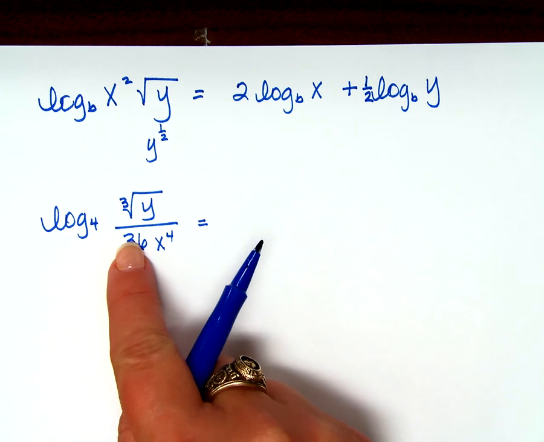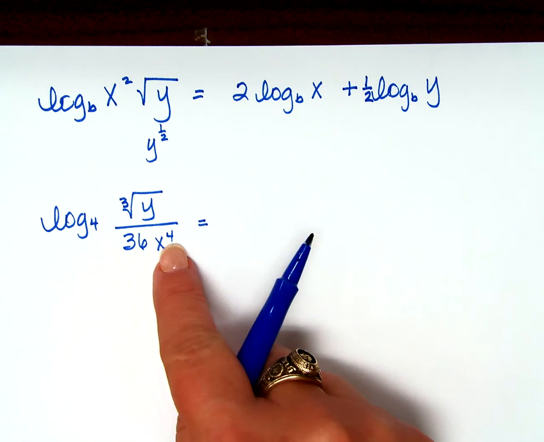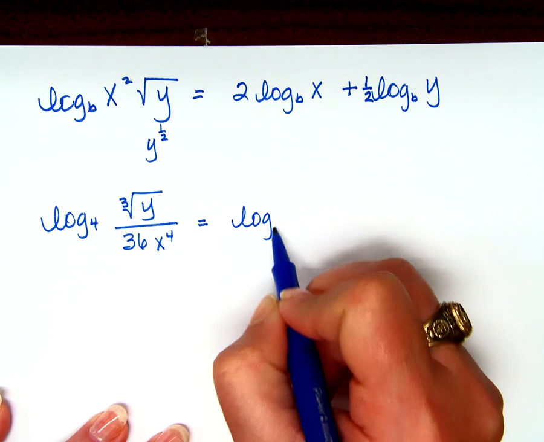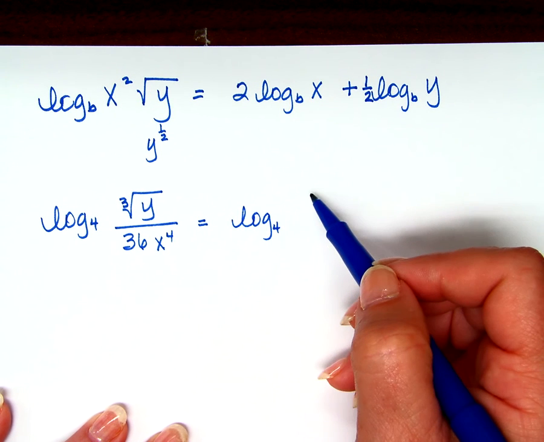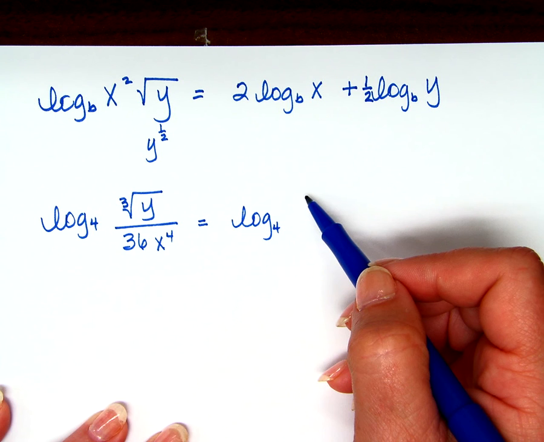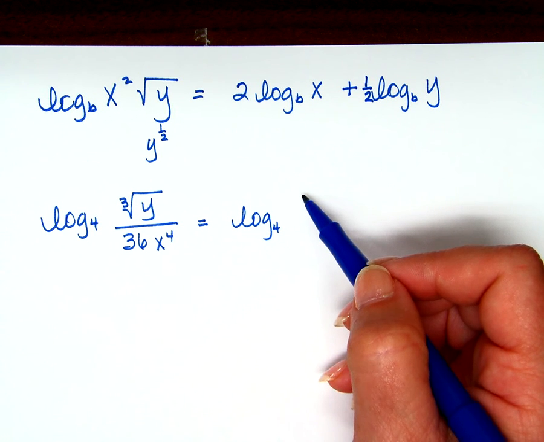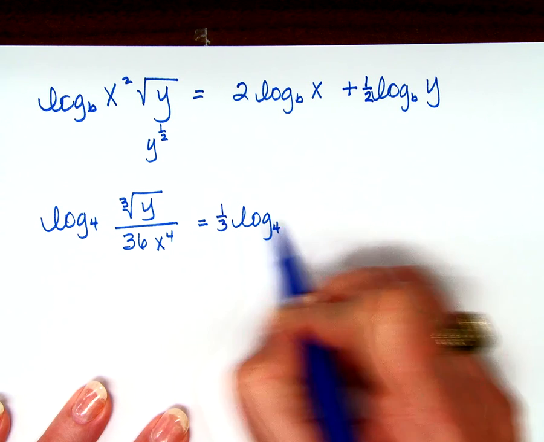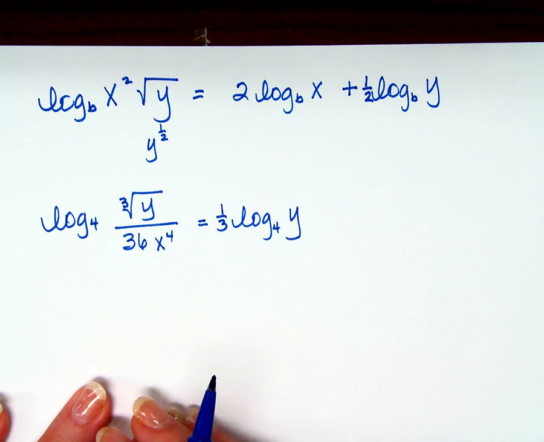Once, twice, 3 times. Right? Once for the y, once for the 36, and once for the x, right? Okay, so log base 4 of cube root of y. Oh, that's really y to the 1/3, right? Okay, what do I do with the 1/3? Put it in front as the multiplier. So 1/3 log base 4 of y.